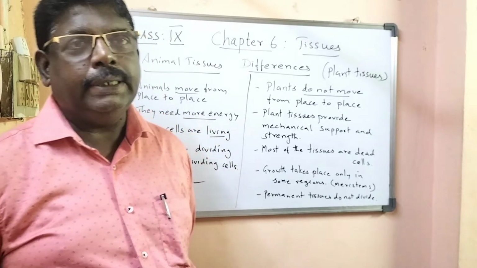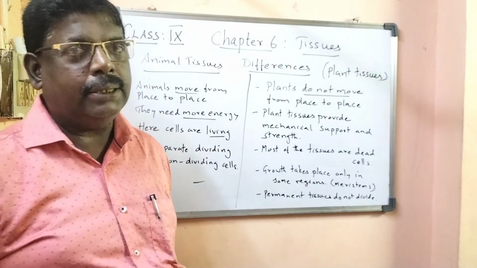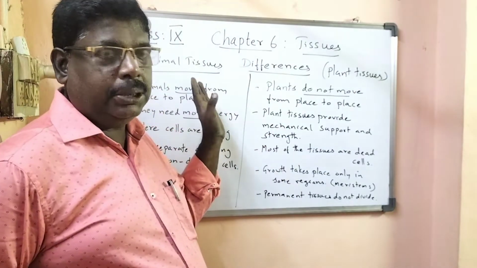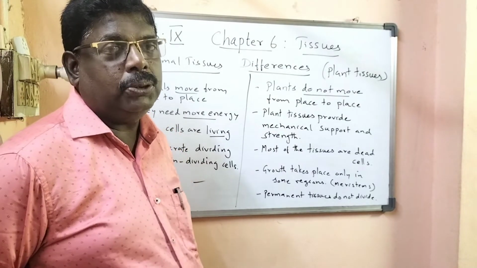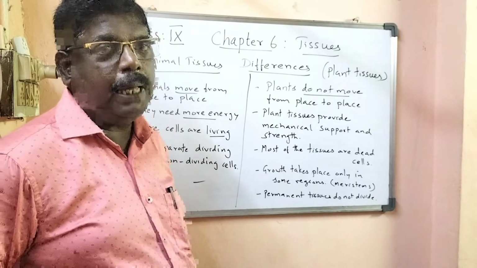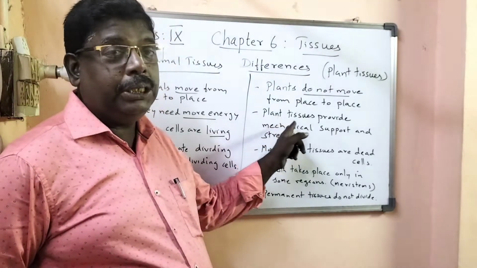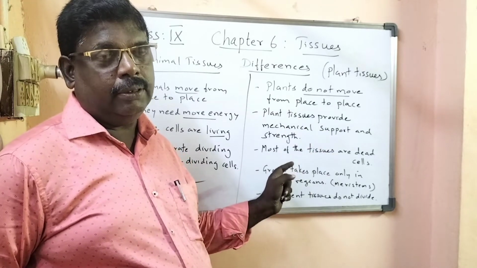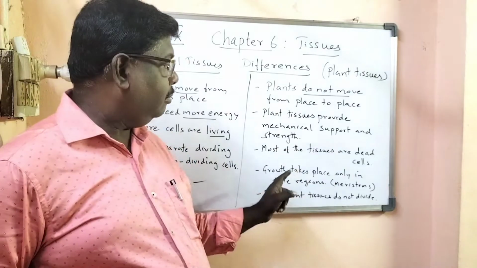Let's see the differences between plant tissues and animal tissues. Plants do not move from place to place, so plant tissues provide mechanical support and strength.